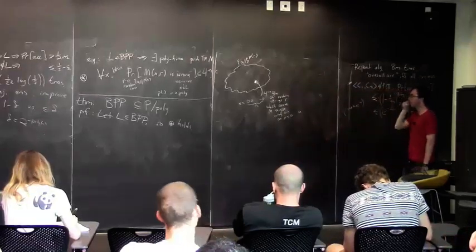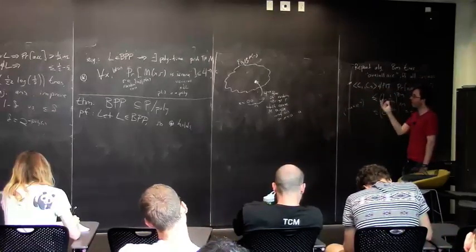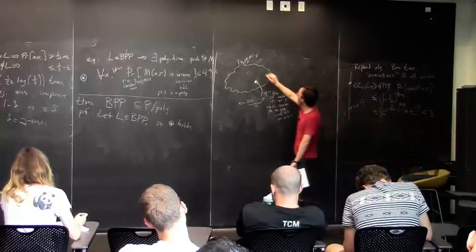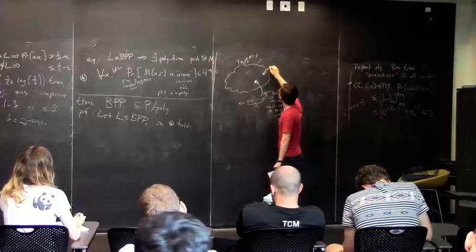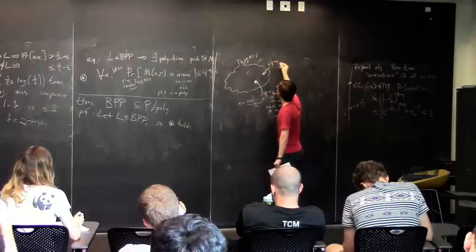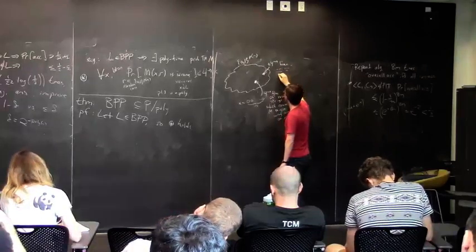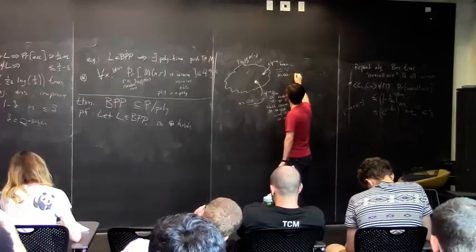So almost all random strings give the right answer when x is all zeros. And there's some potentially other, at most 4 to the minus n, fraction of random strings which cause M to give the wrong answer on x equals 0, 0, 0, 1.